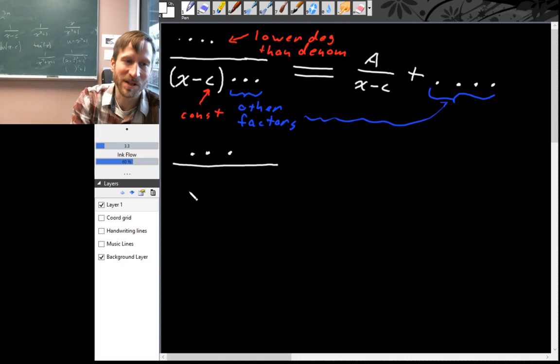The next possibility in your denominator is you might have x minus c but to some power, so maybe third power, and then possibly other factors in the denominator.